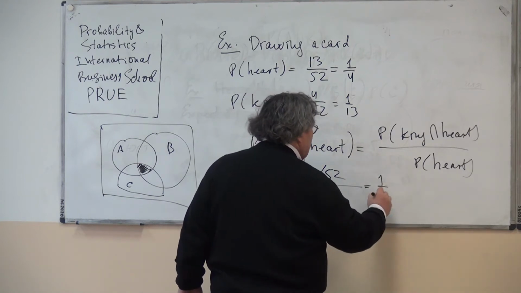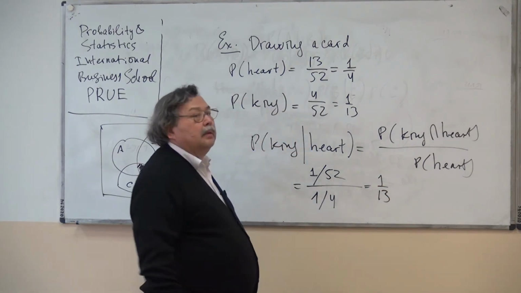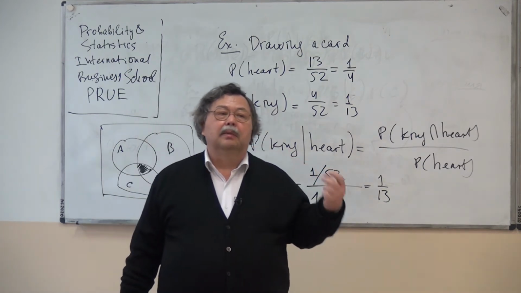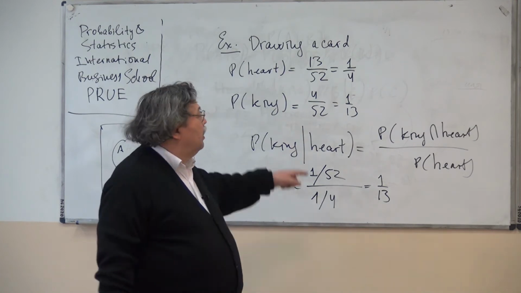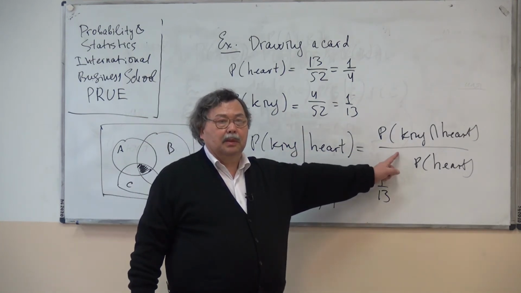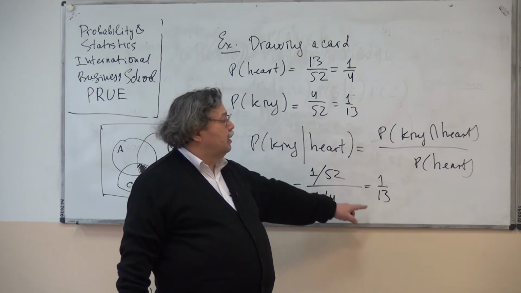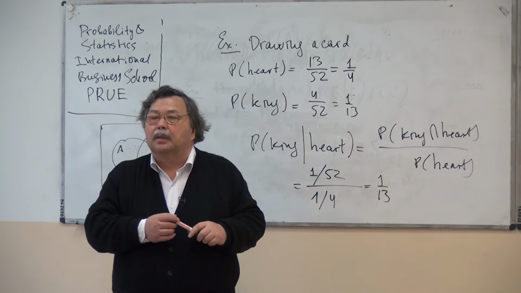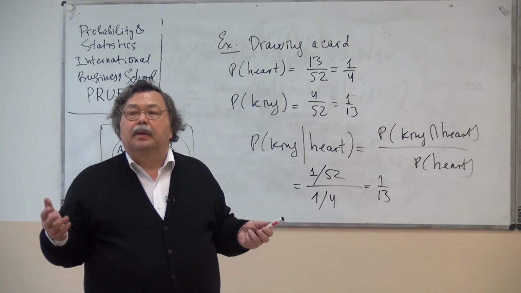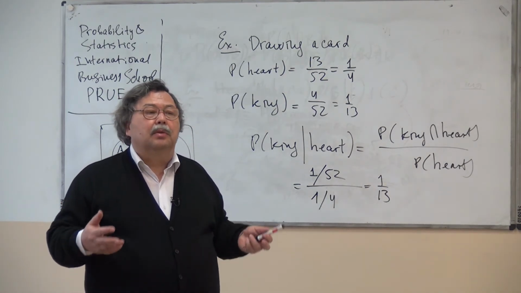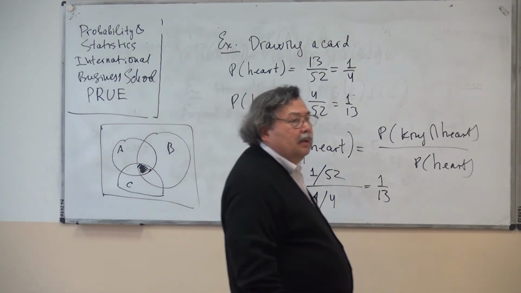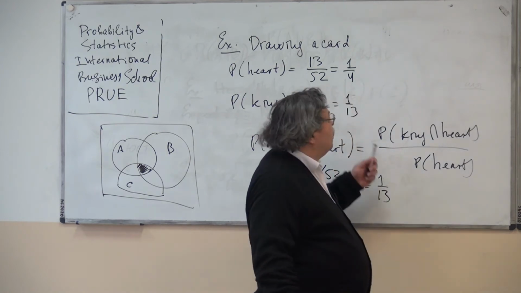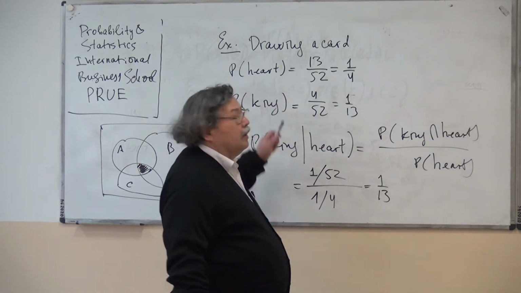And after some simplification, this is what we get. This is the conditional probability of getting a king given that it's a heart using the formula for conditional probability. And what's important for us here, it's just the same value as this one. So the conditional probability of getting a king, if it's a heart, is equal to the unconditional probability of getting a king of any suit. Okay? So these 2 events are independent.